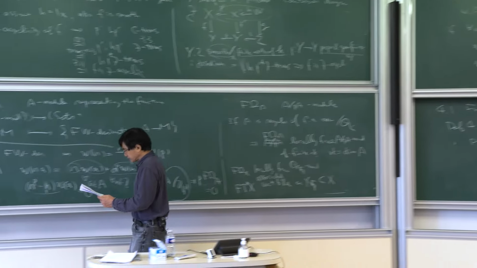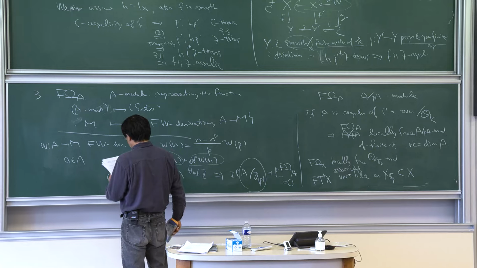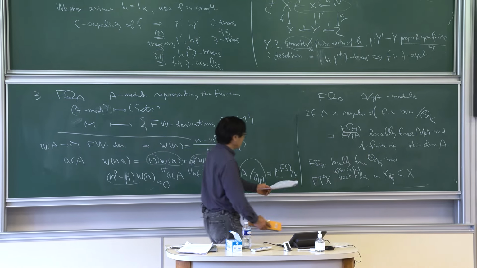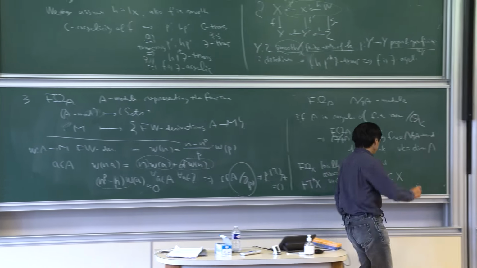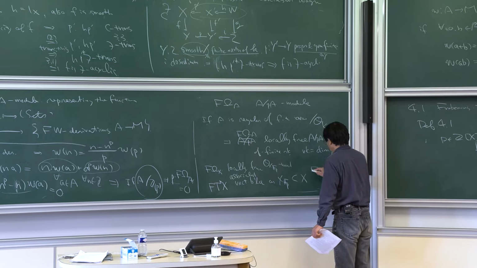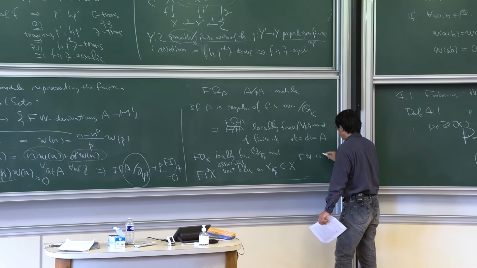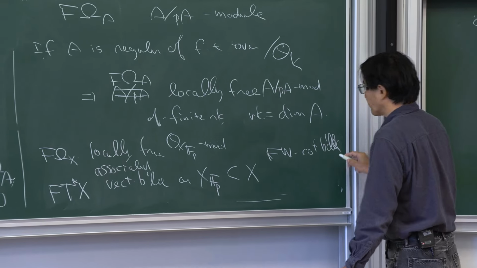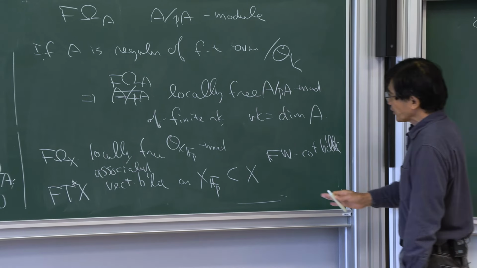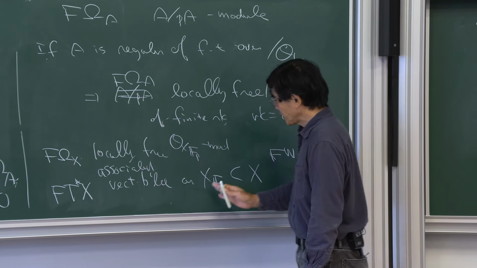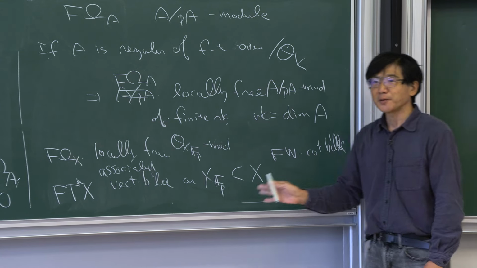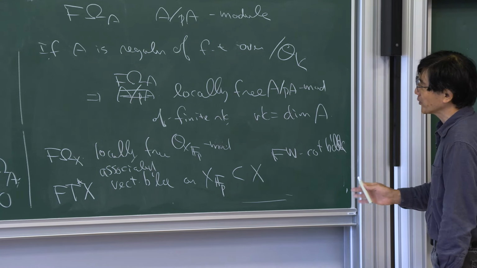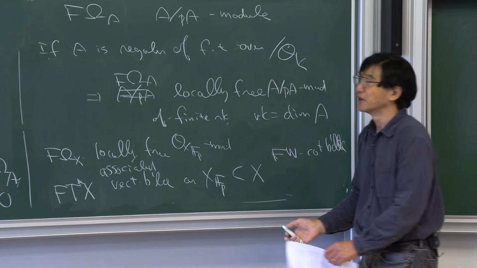So we get this: the Frobenius Witt cotangent bundle. The problem is that this is only defined on the characteristic p fiber, but the good point is that it has the correct rank.